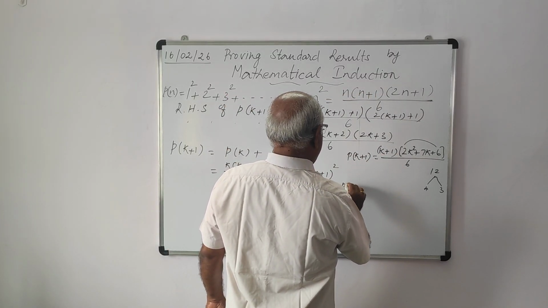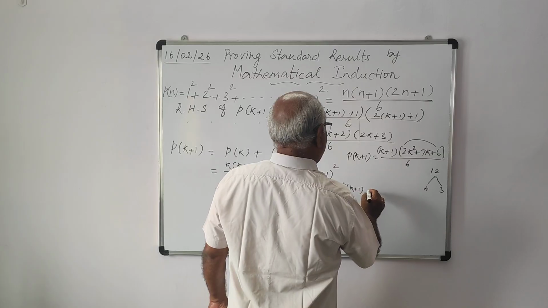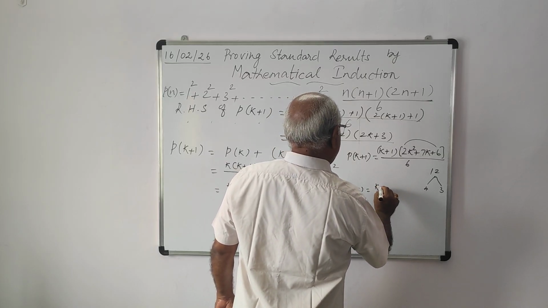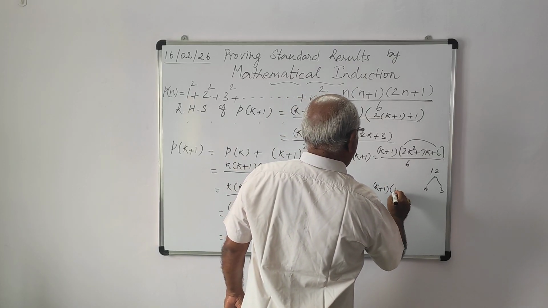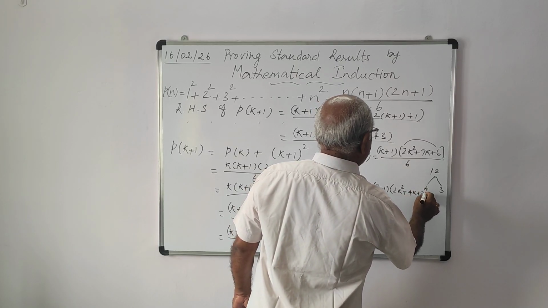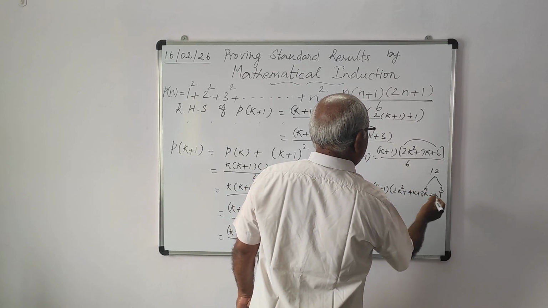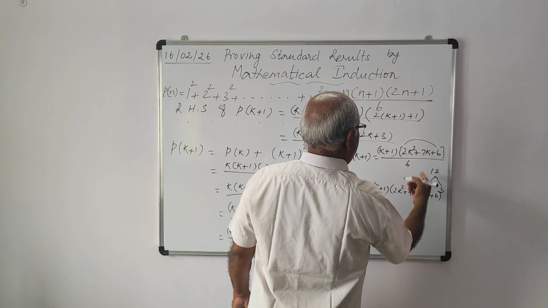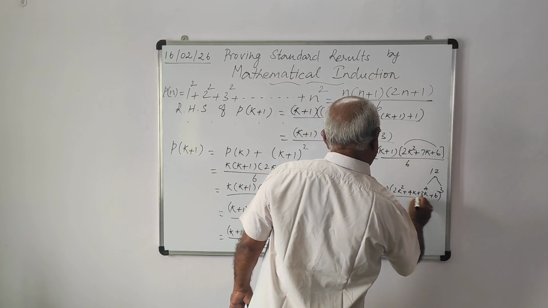So what do you get? P of k plus 1 is k plus 1 into 2k square plus 4k plus 3k plus 6, since 7k is 4k plus 3k.